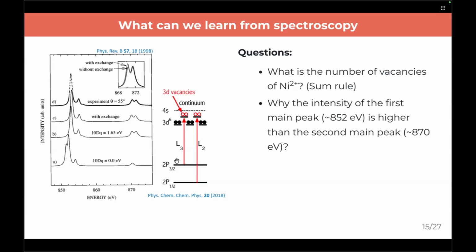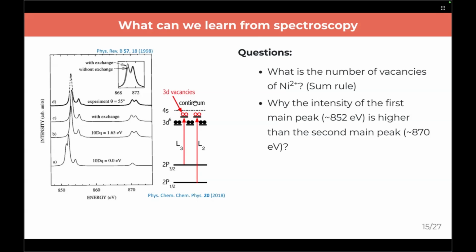For X-ray absorption spectroscopy, we excite the 2p core electrons to the valence, so the absorption will be proportional to the number of vacancies. Otherwise, if these states are fully occupied, there will be almost no space for these core electrons to be excited.